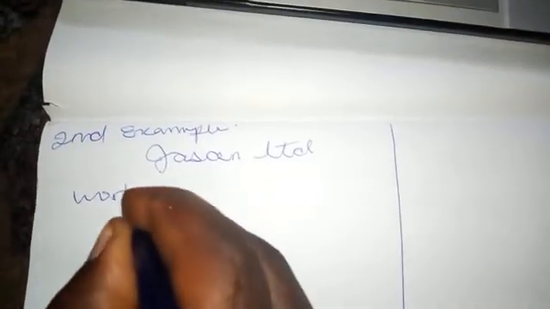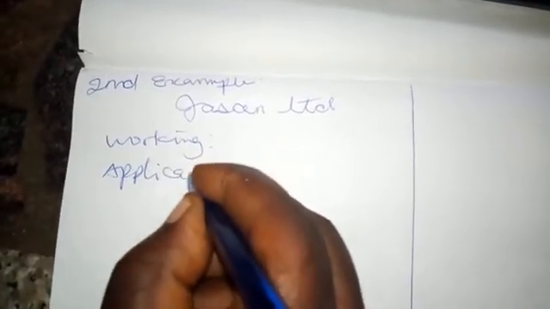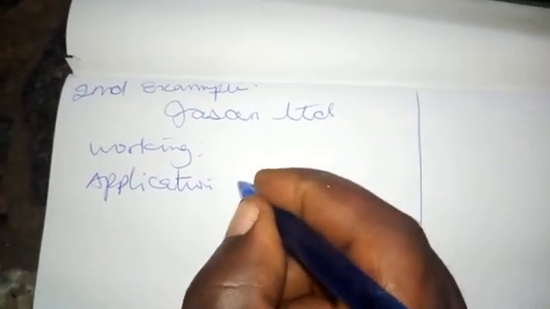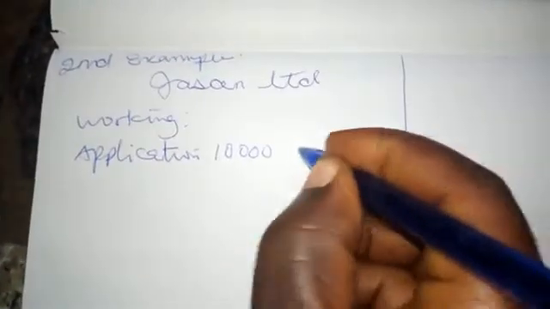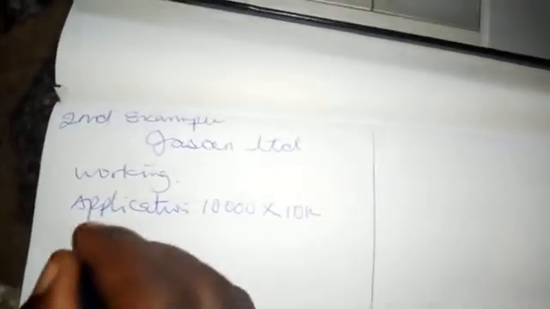So once you're done with this, then you come down and do what we call working. I told you this one is different from the former one. Come here, application. When the shares were issued on application, the same 10,000 shares were issued on application. You multiply it by the monetary value, which is 10 kobo. The same thing with the allotment.